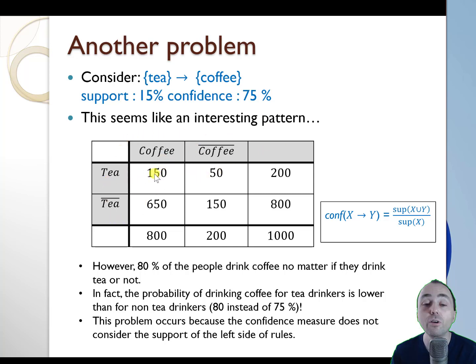Here we have 150 people who drink tea and coffee. People who drink the tea and no coffee is 50. People who don't drink tea but drink coffee is 650. And people who don't drink tea and don't drink coffee is 150.